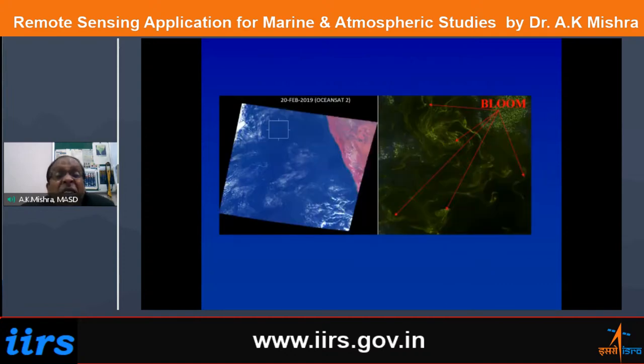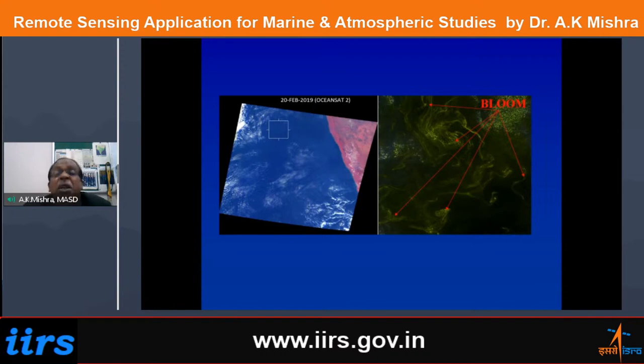And this is the OceanSat-2 data, the false color composite image, and it shows the near coastal area of Goa, and this is the land portion, and this portion is enlarged here, and you can see the eddies showing the phytoplankton patches. Without doing any atmospheric correction, as the phytoplankton have expressed themselves on the surface, showing the blooming condition, you can easily detect these blooms.